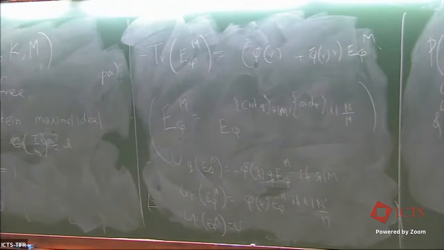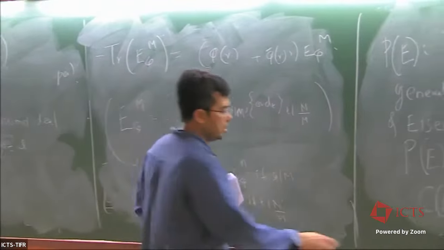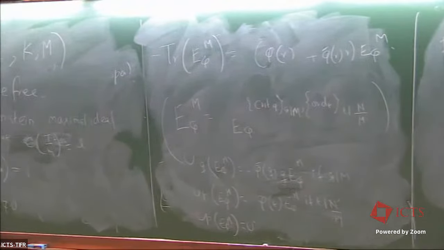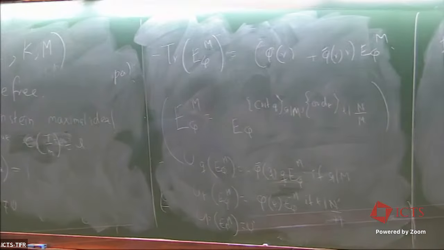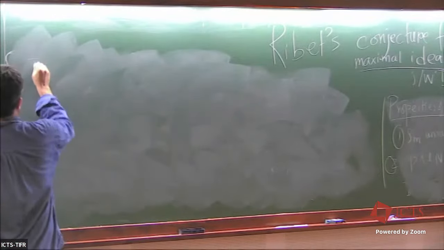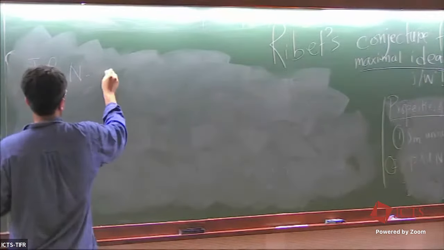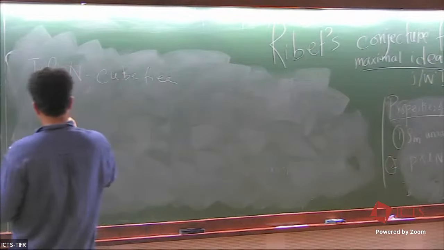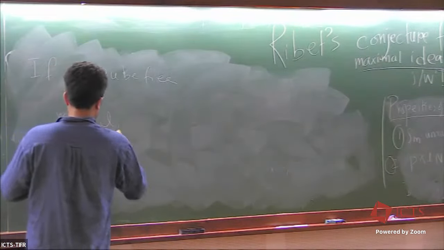And what we realize is that if you take n to be cube-free, then we have an analog of Mazur's theorem, which says that if you start with an arbitrary maximal ideal, we can write it down in this form, again for n cube-free.